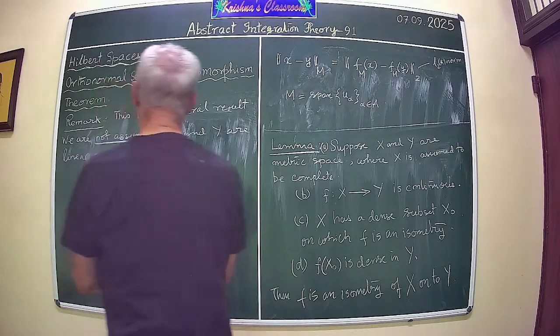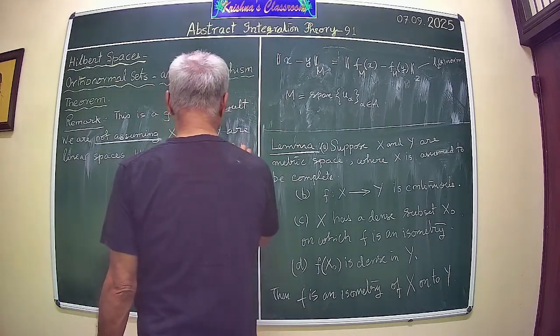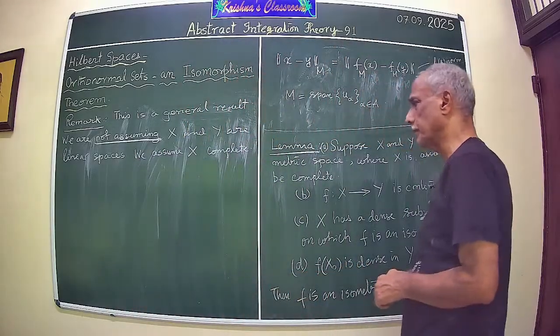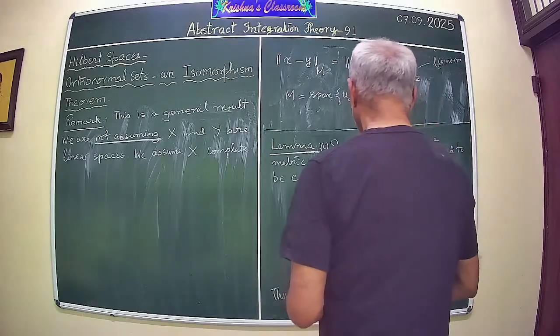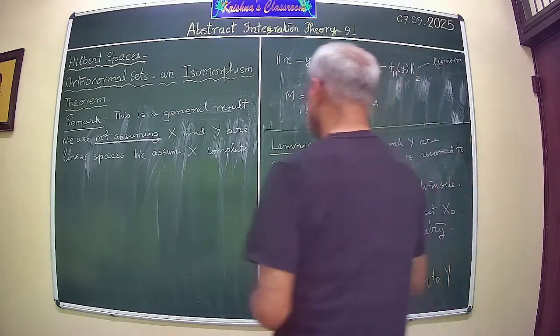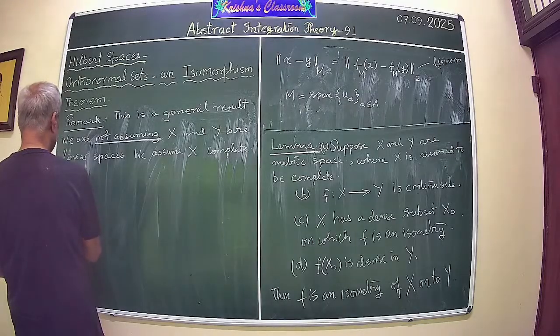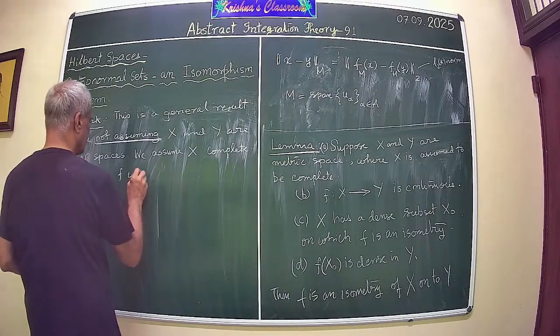We are assuming X is complete, in the sense that all the Cauchy sequences do converge in that space. That is the first thing. Then we take f from X to Y, f continuous.